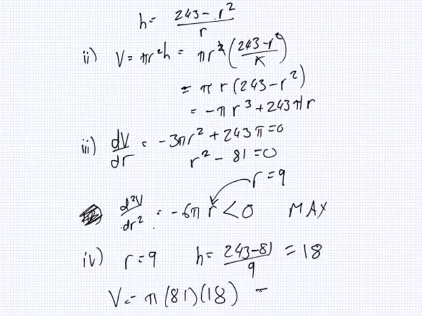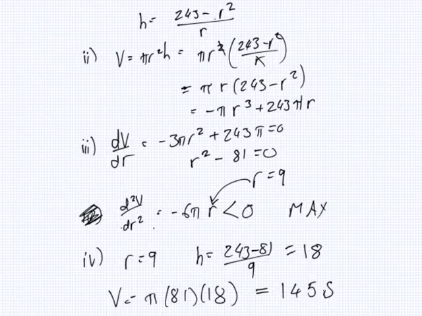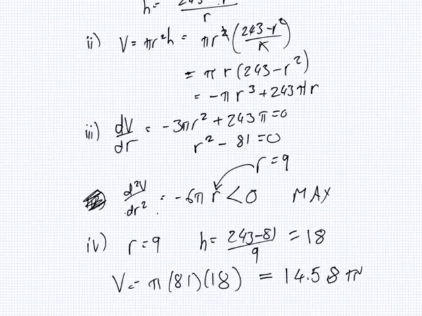So what's that? 810 minus 36, 774 pi. Is it 774 pi? What is it? 1458 pi. Okay. What's the next one?